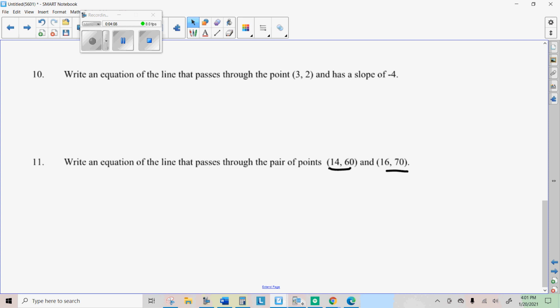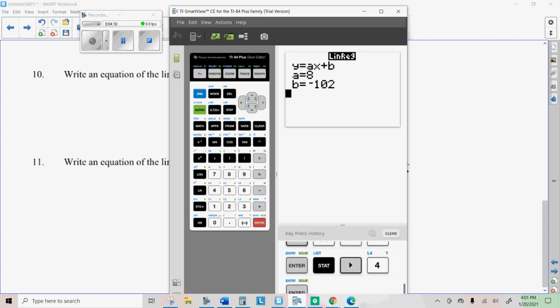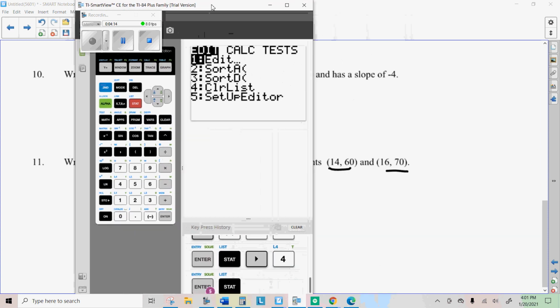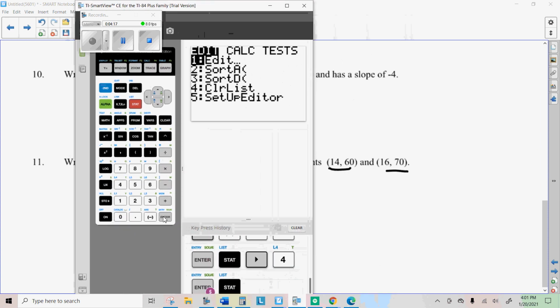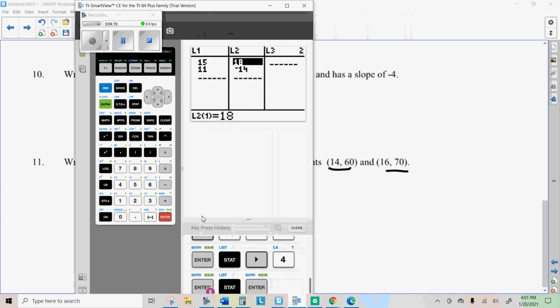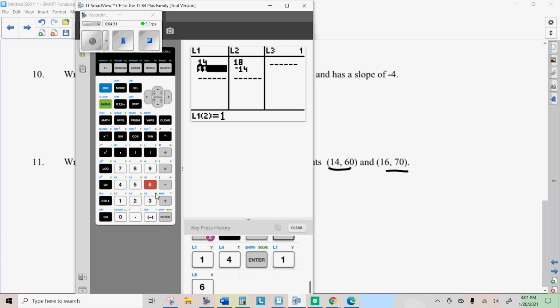But let's put these 2 points in: 14, 60, and 16 is the other x coordinate, and then 60 and 70 are the y coordinates.